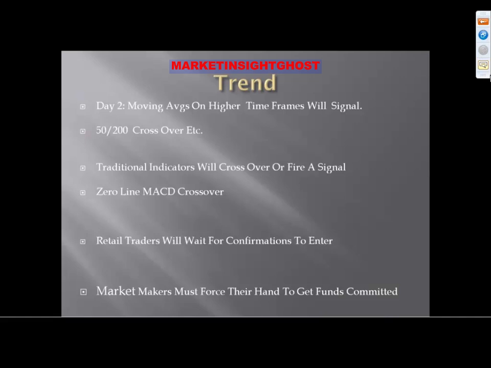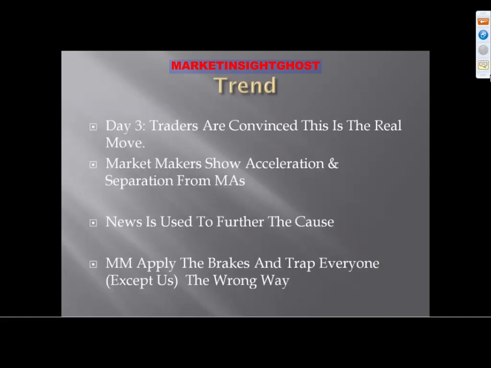Okay. Day 3. Remember? Day 3, psychology. Traders are now convinced that this is the real move. Market makers show a thing called trend acceleration. That's when you get separation from the moving averages. The averages are fanned out. You get vector candles at level 3.